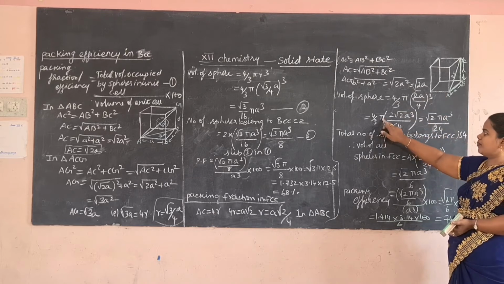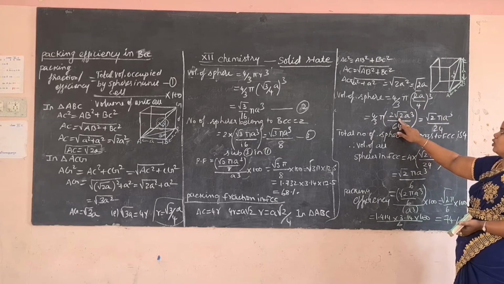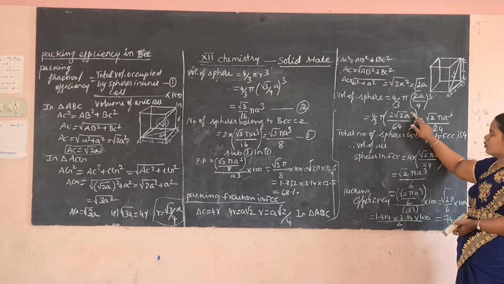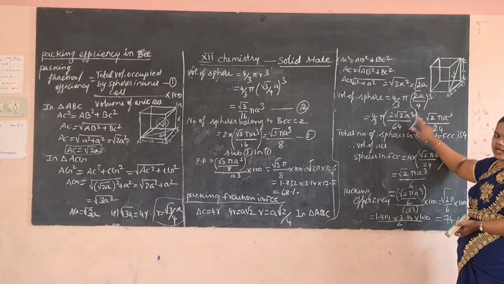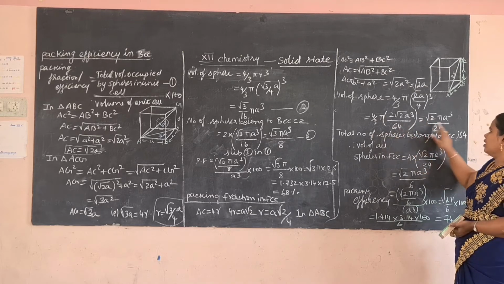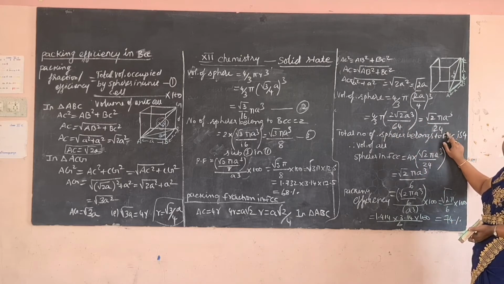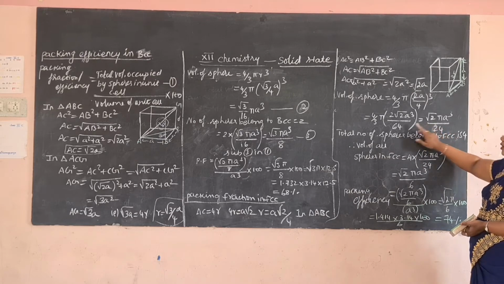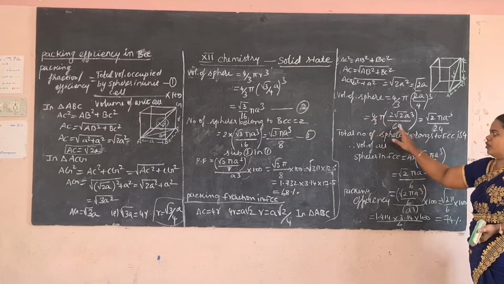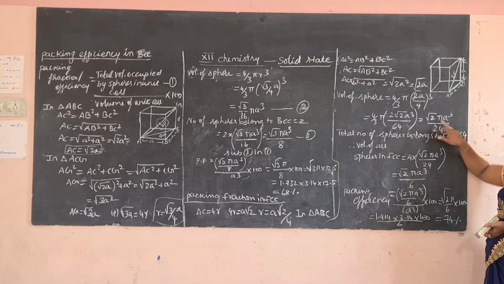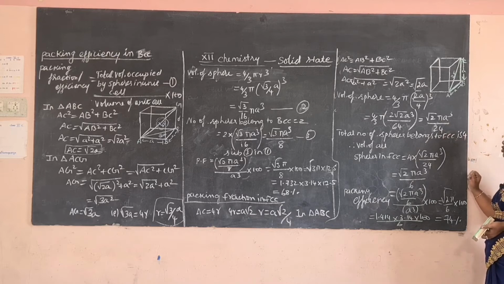Then 4 by 3 pi, it will become 2 root 2 A cube divided by 4 cube, that is 64. When you divide by 4, you will get 24, since 24 into 4 is 96 over 64 simplifies. So it will be equal to root 2 pi A cube divided by 24.